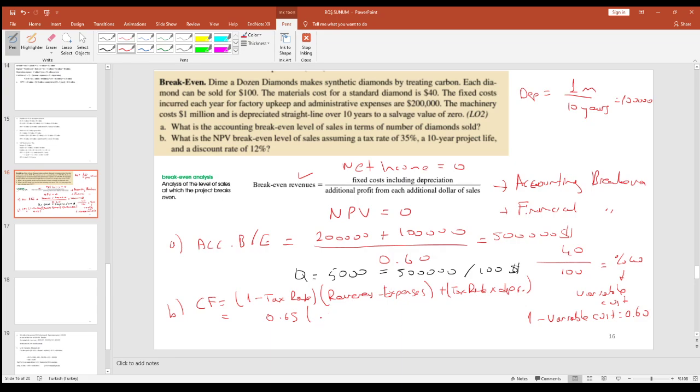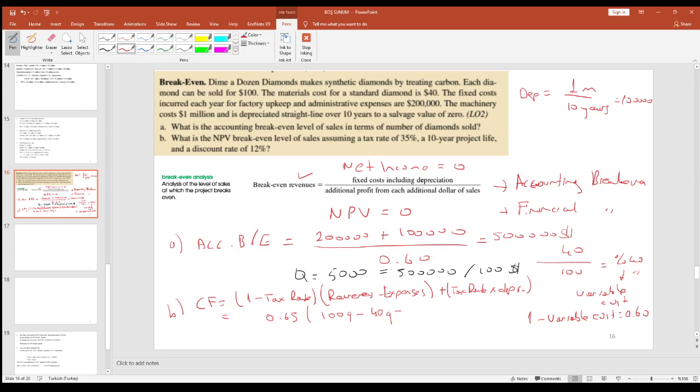Revenue will be 100Q minus your expenses. Your expenses here, of course, $200,000, this is fixed cost, and your variable cost will be 40Q.